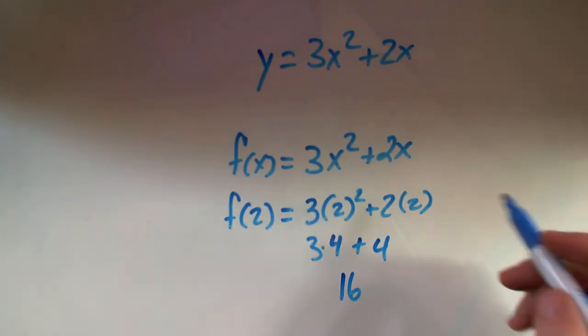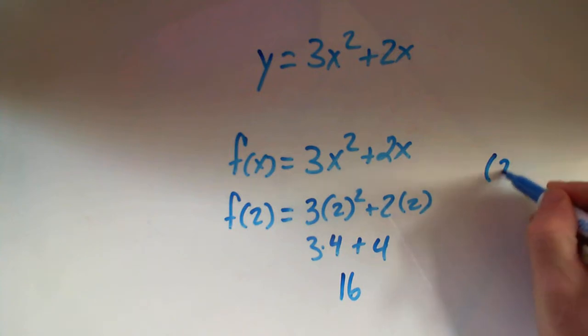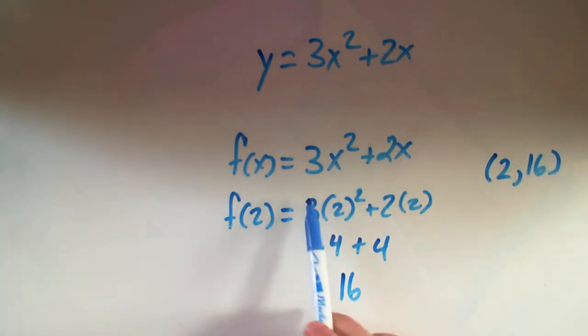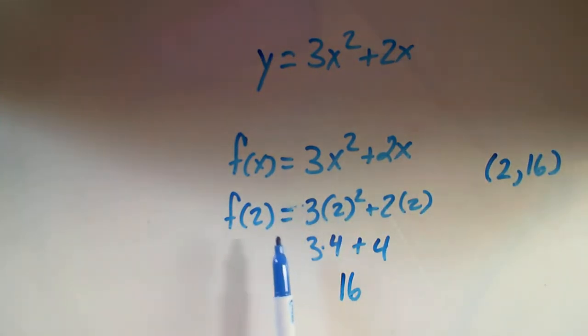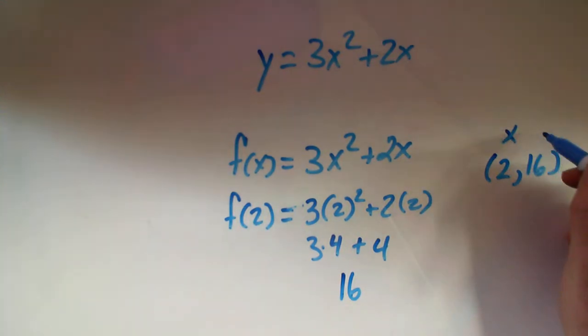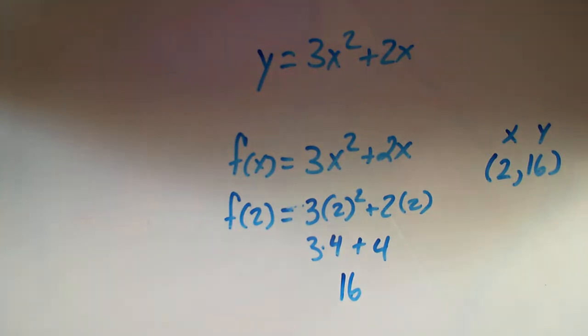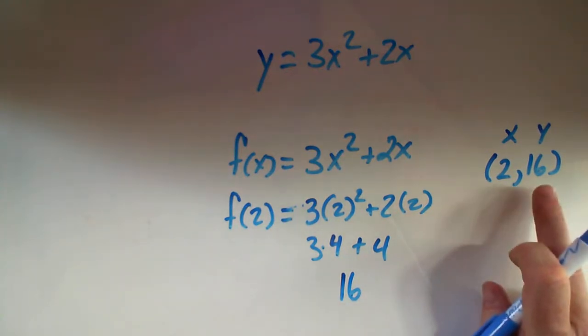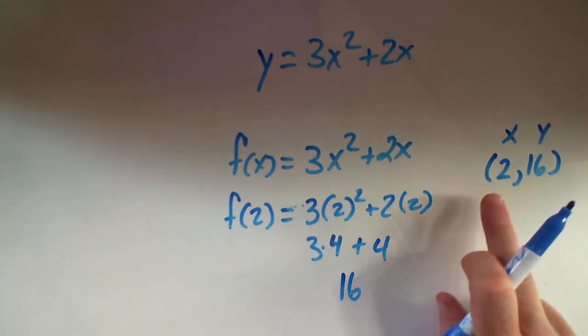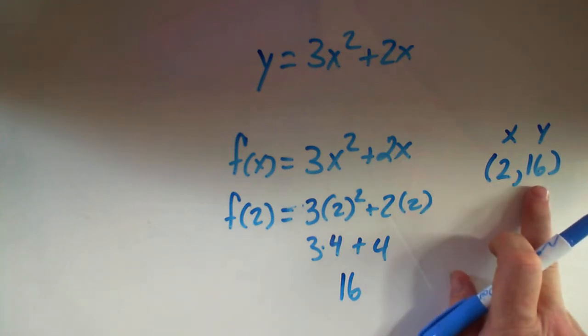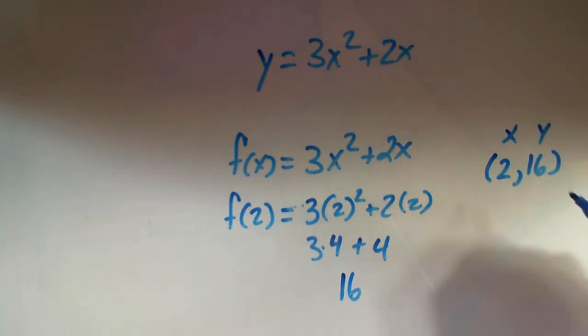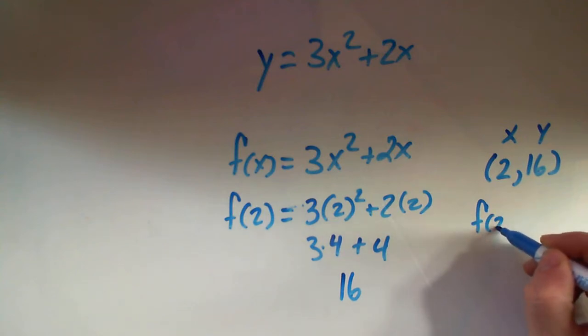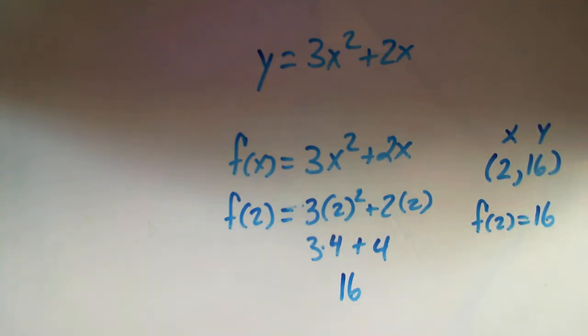What that tells us is that the point (2, 16) is on this function, because when I plug in 2, I get out 16. So I could write that same ordered pair as f of 2 equals 16, and those two things mean the same basic thing.